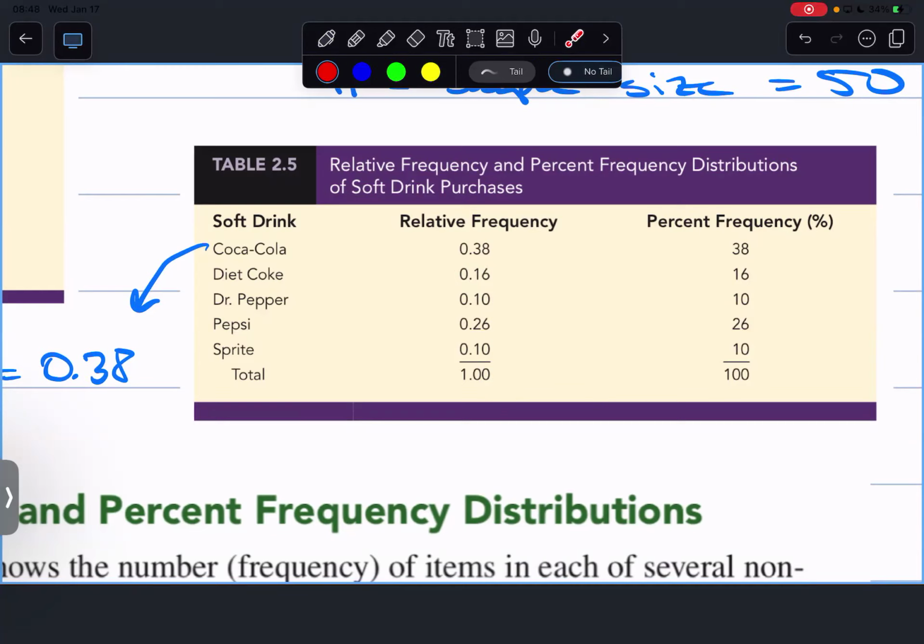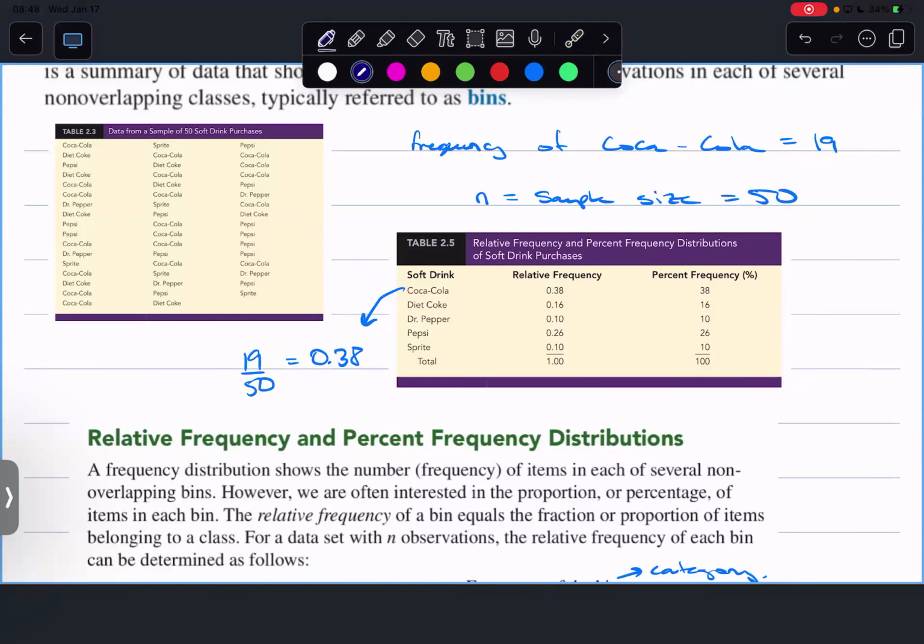You want to make sure that's the only check-in point you have: that they add to either 1 or 100, depending on which one you're using, because sometimes with rounding, it does happen where it doesn't add to 100%, because then there's always someone reading your report who says, where's the other 1%? So annoying. Just be careful.